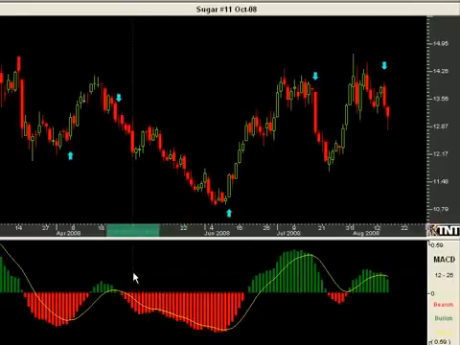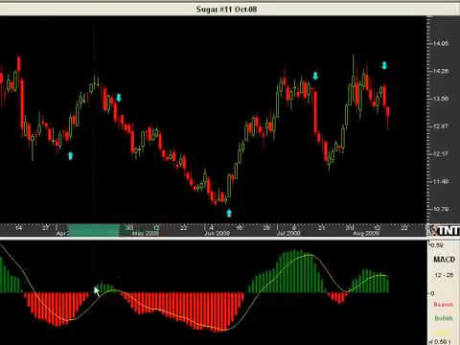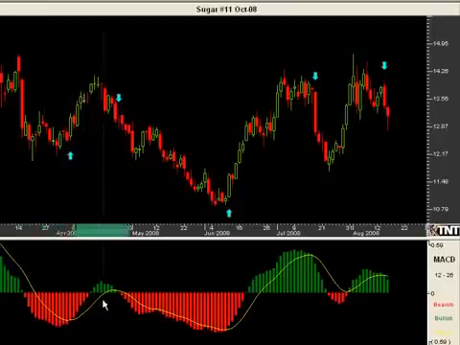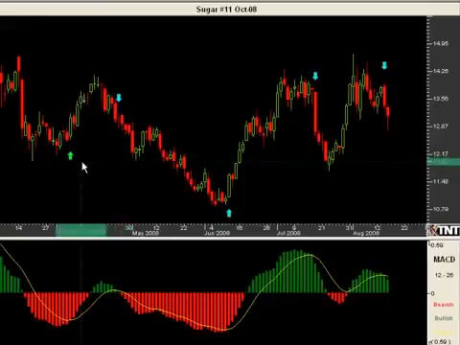The traditional settings for the MACD indicator are 12, 26, which means you're looking at a 12-period moving average and a 26-period moving average, and then you have a 9-period trigger line. You can see here we've got the sugar chart, and it follows it pretty closely.